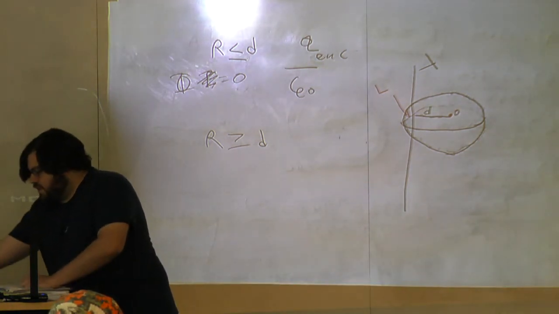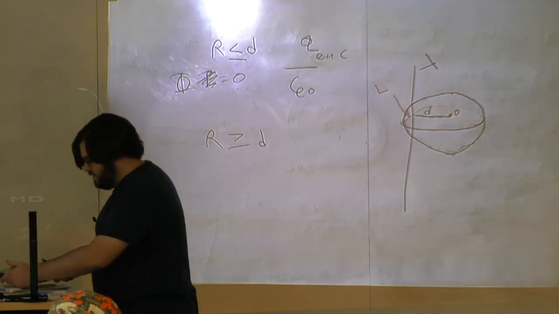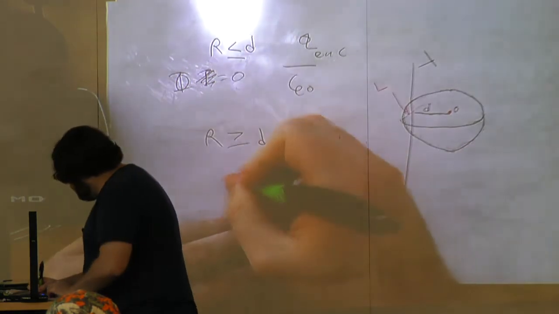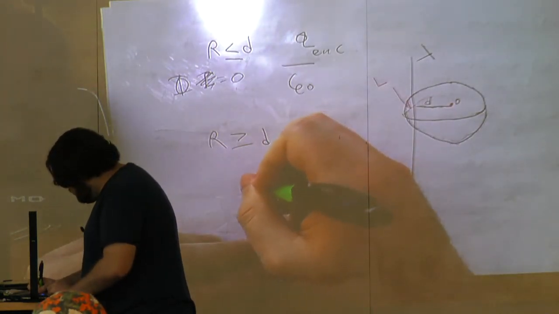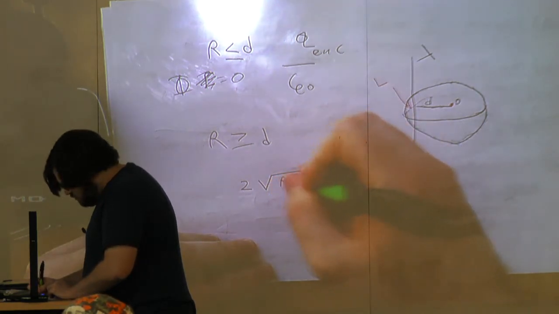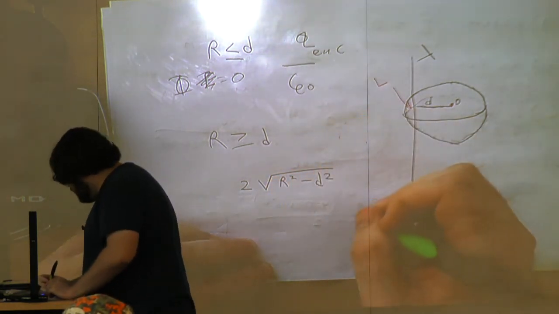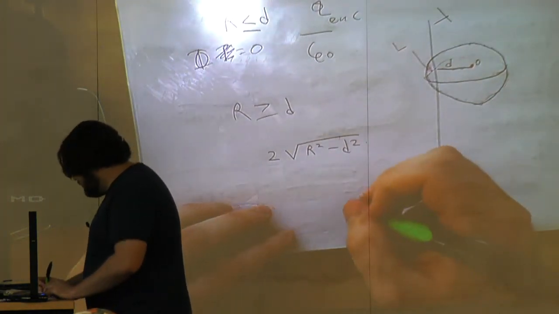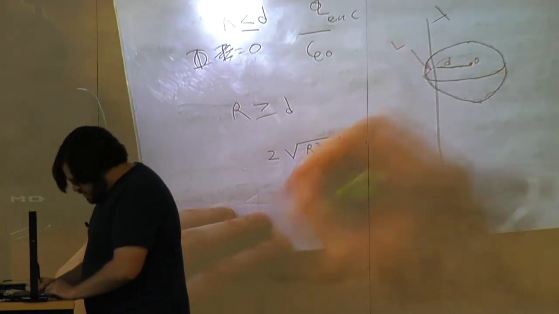And we have a formula. I believe this is for the chord of a circle. All right. I am pretty sure this is for the chord of a circle. If you don't recognize this formula, it's geometry.